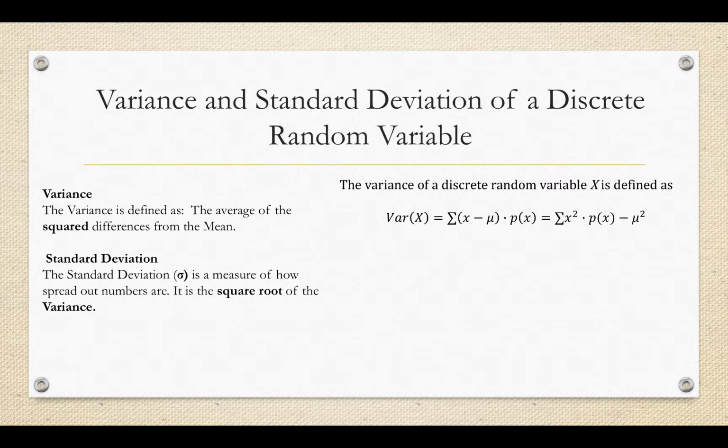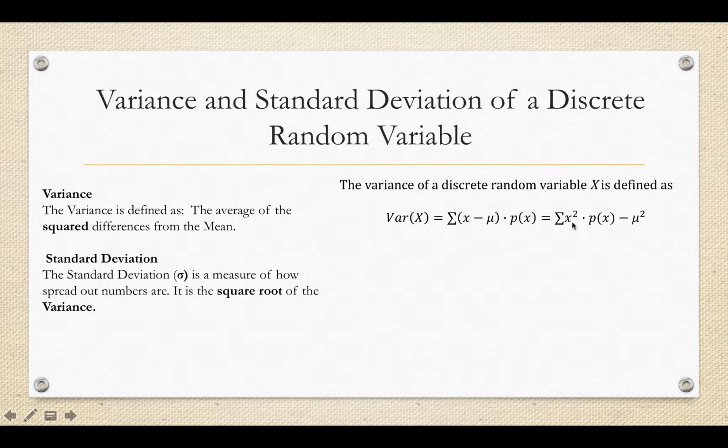The variance of a discrete random variable x is defined as variance of x is equal to the sum of, and that's what this capital sigma here means, x minus the expected value, which is what this mu stands for, multiplied by the probability of x, and that's what this p(x) stands for.